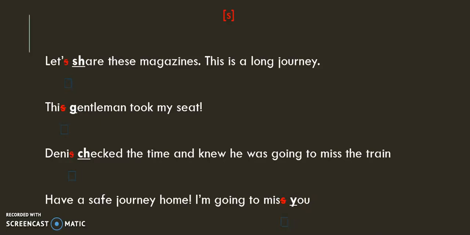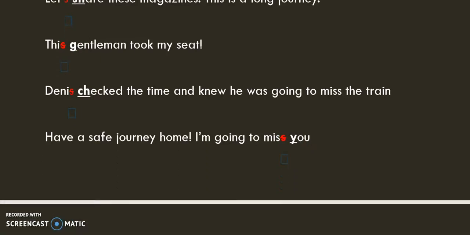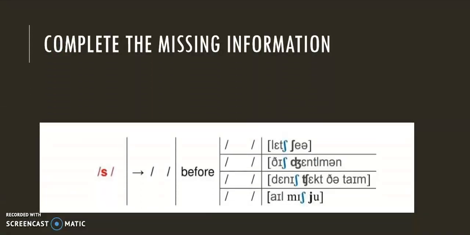So I have included those examples in this chart for you to complete the missing information. Stop the video, complete this chart, and we're going to check it together in 1 minute.